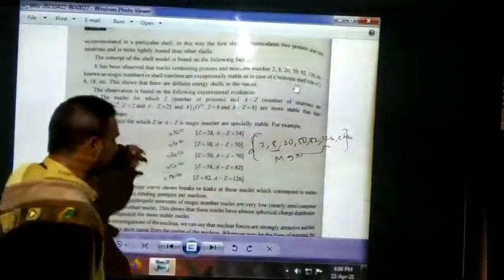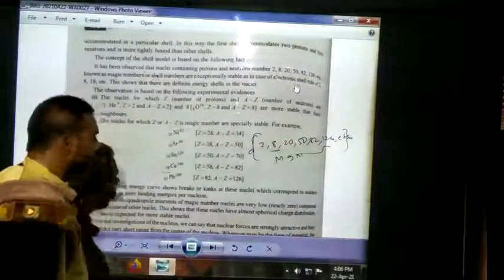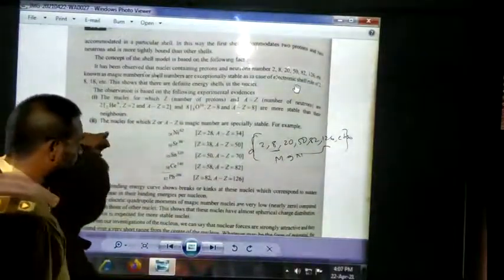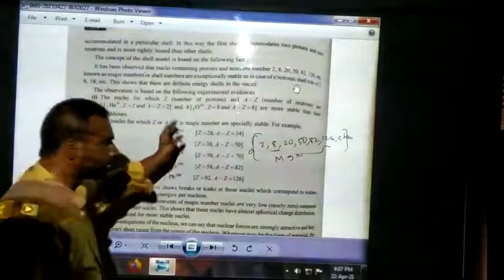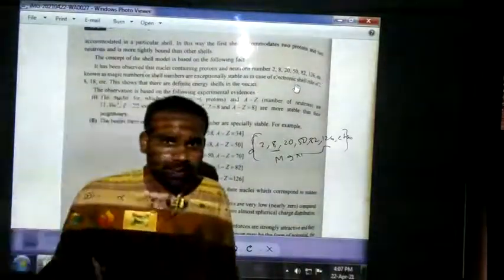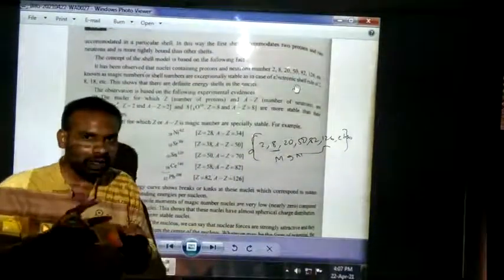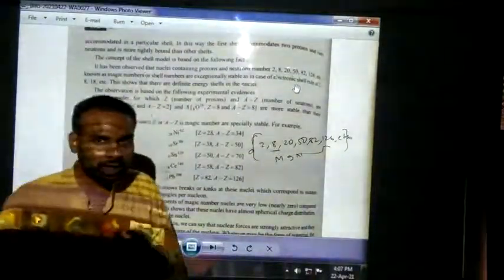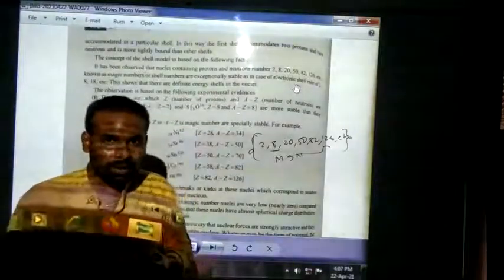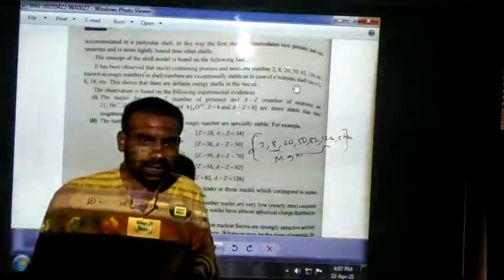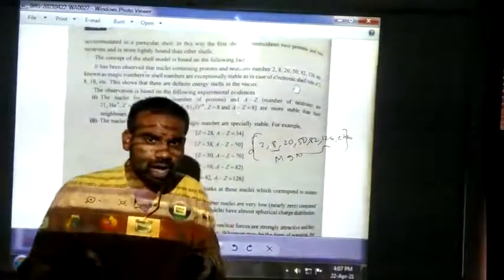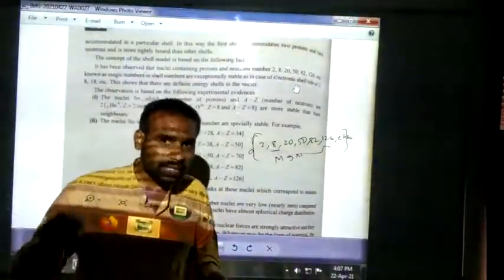If either the number of protons or the number of neutrons is a magic number, then such nuclei are also more stable. In the first examples, helium and oxygen, both the number of protons and the number of neutrons are magic numbers. In the next example, either the proton number or the neutron number is a magic number, and such nuclei are also more stable compared with the other nuclei.